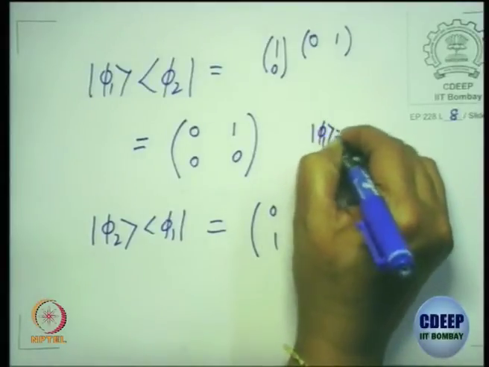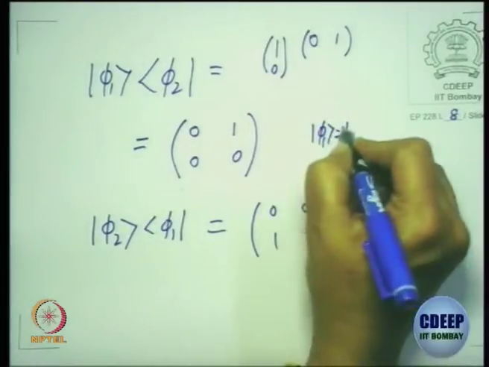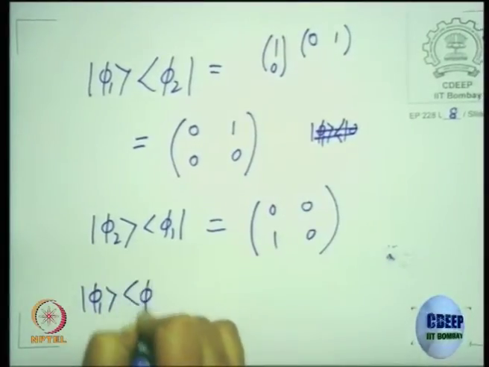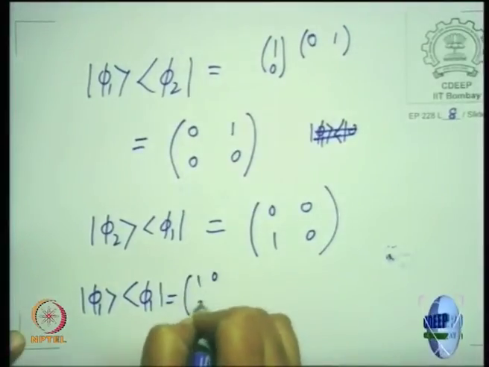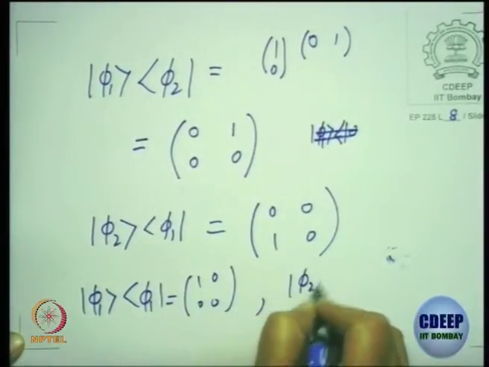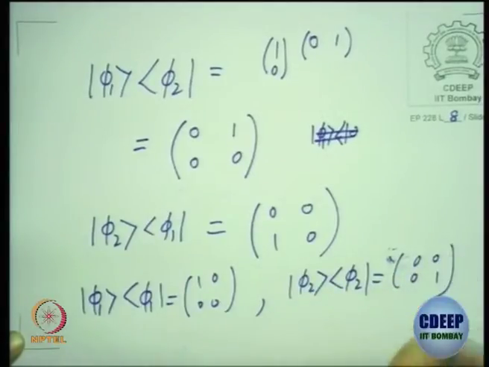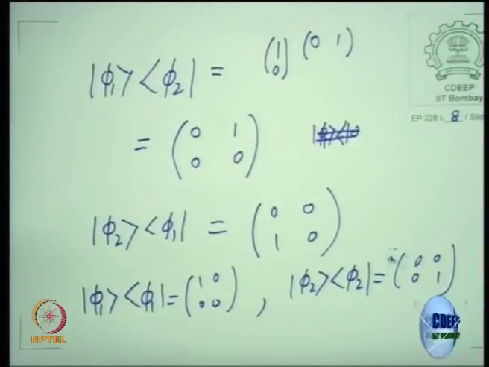Phi 1 phi 1 is 1 0 0 0 and phi 2 phi 2 is 0 0 0 1. So, this should tell you something. Any 2 by 2 matrix which you write can be represented in terms of this Dirac notation, where you will have 4 possible basis elements with phi 1 and phi 2 in the 2-dimensional case.